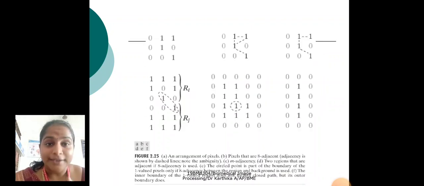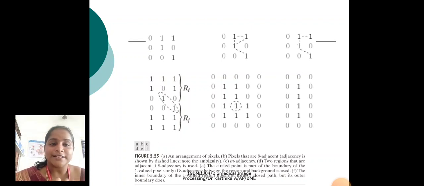Here the diagram shows pixels in 8 adjacency and pixels in M adjacency, and 2 regions that are adjacent if 8 adjacency is used. The circled points are part of the boundary of the 1 valued pixels only if 8 adjacency is used. It should be in between the region and the background, with 8 adjacency only used here.